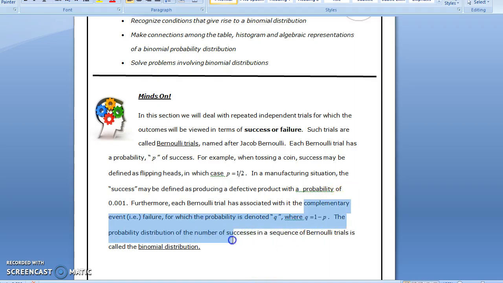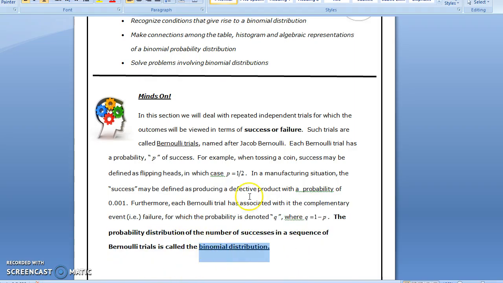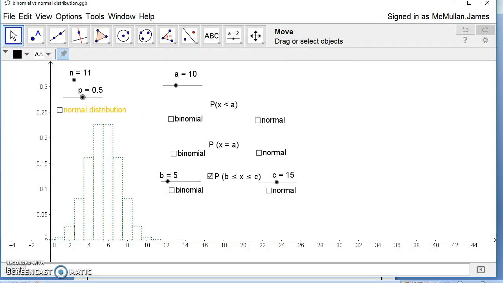Now the probability distribution for the number of successes that we should expect is given by the binomial distribution. This is the idea of what we're trying to accomplish here. It gives us a sense of how many successes we should expect and what the probability of getting those successes would be.